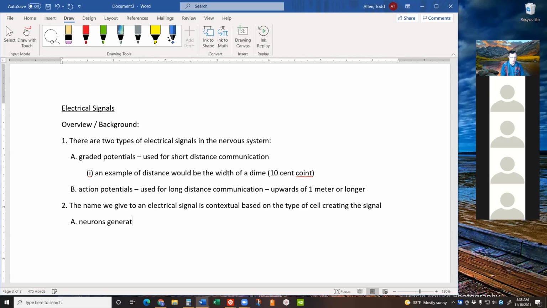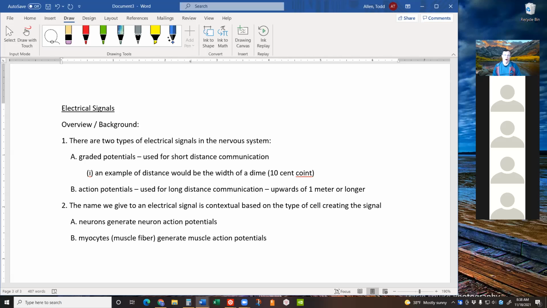Neurons generate neuron action potentials. Myocytes, which is to say a muscle fiber, which is to say a muscle cell, generate muscle action potentials. So a muscle fiber generates a muscle action potential, a neuron generates a neuron action potential.